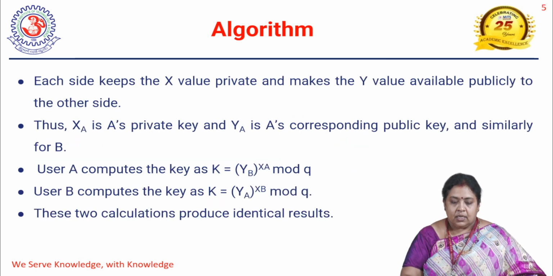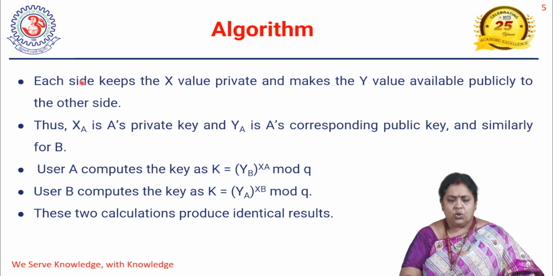Okay, so each will compute their private key and public key. XA is A's private key and YA is the corresponding public key of A, and similarly for B. Now user A computes the key K equals YB, which is the public key of B, to the power of XA mod q.